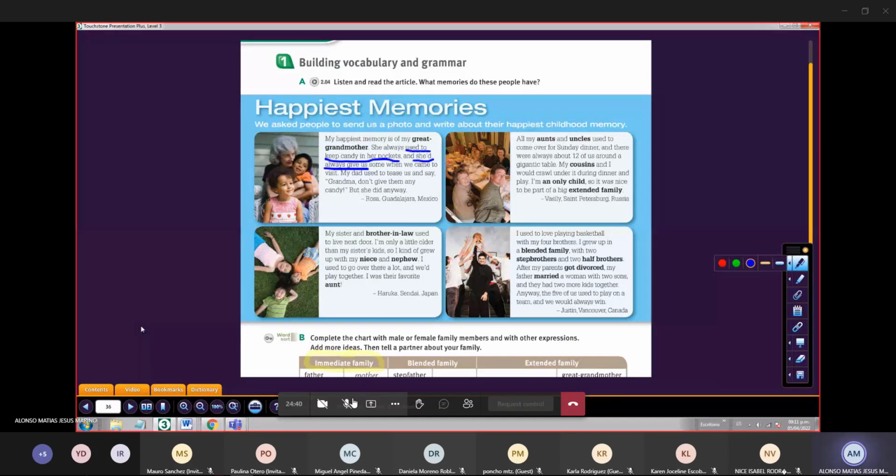Okay, let's review your findings. In the first story, in the first passage, what did you underline? I underlined she always used to keep candy and she'd always give us some when we came to visit. And my dad used to tease us. Great. Now for the second passage. Correct.